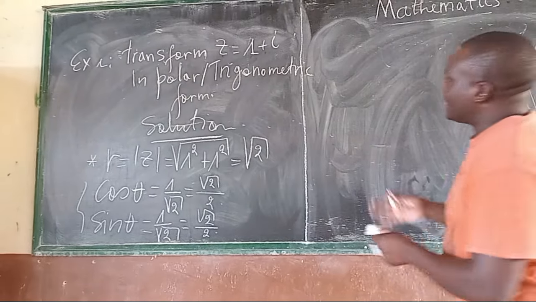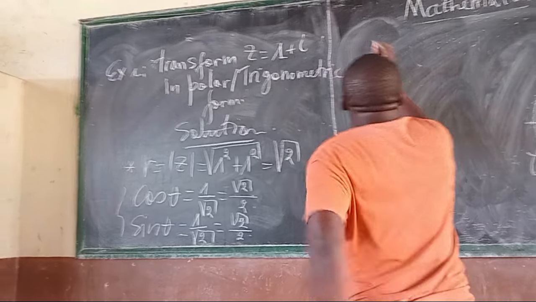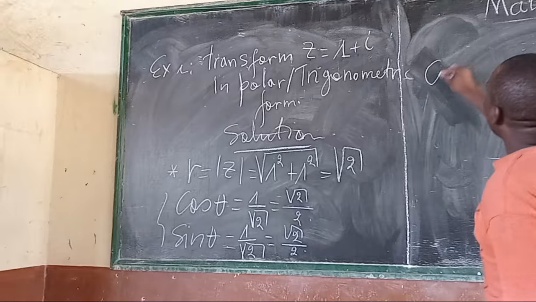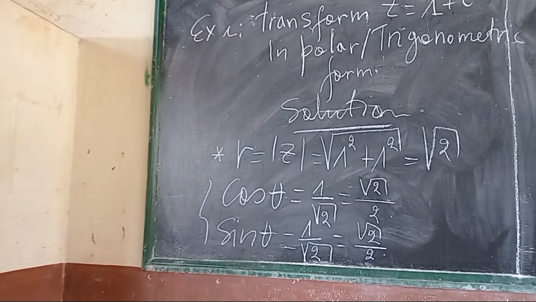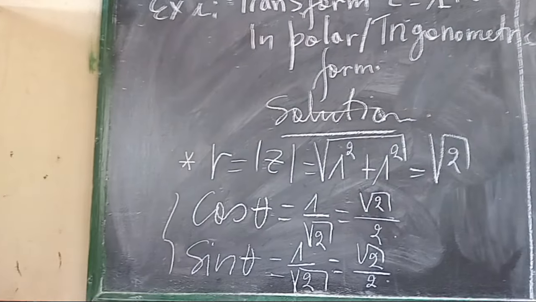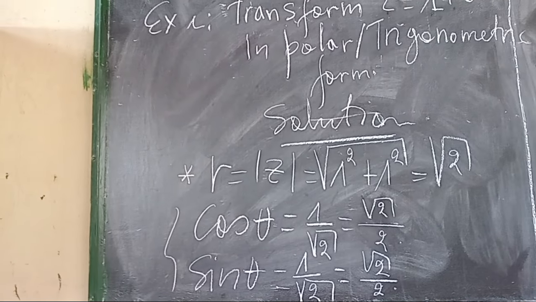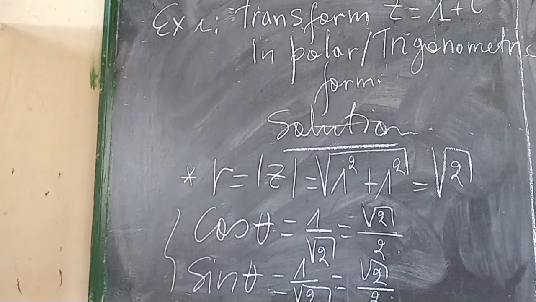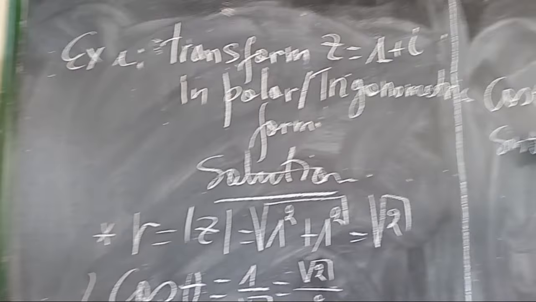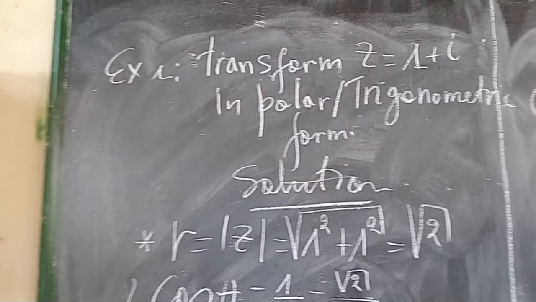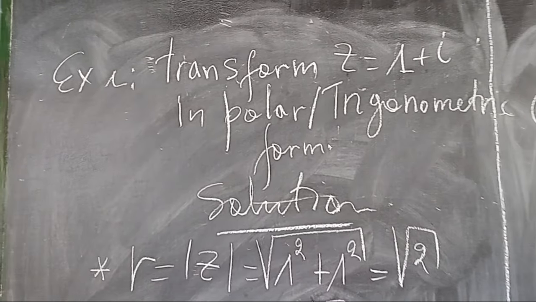As you see cosine of an angle theta equal to how many? Square root of 2 out of 2. Then the sine of that angle theta must be equal to again square root of 2 out of 2.